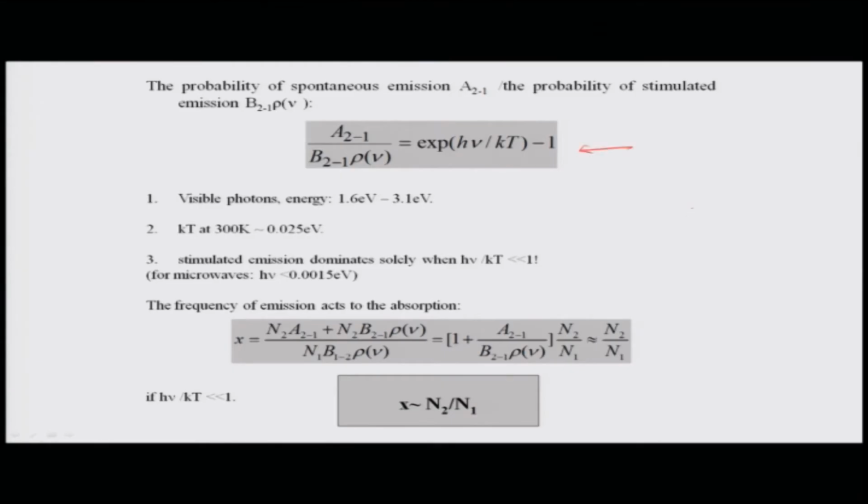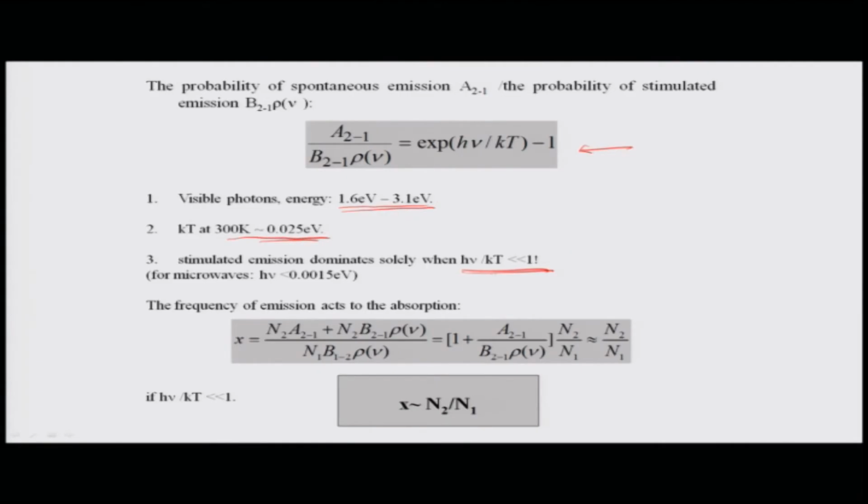So what we can find is that, no matter what, as we had discussed before, stimulated emission dominates only when h nu over k T is much smaller than 1. This is difficult for visible light, because for visible photons the photon energy is quite high, and the k T is in this range.